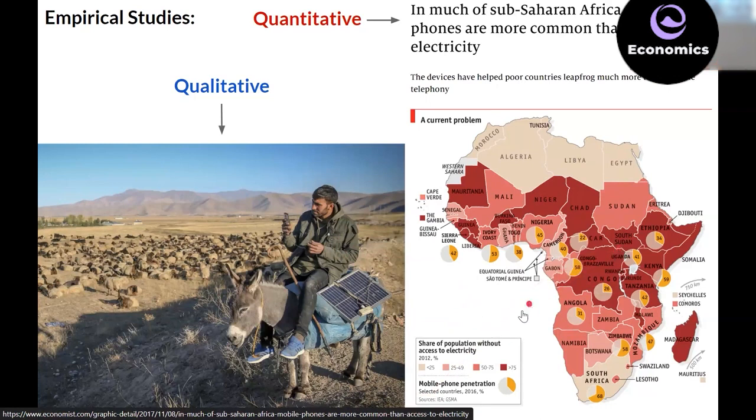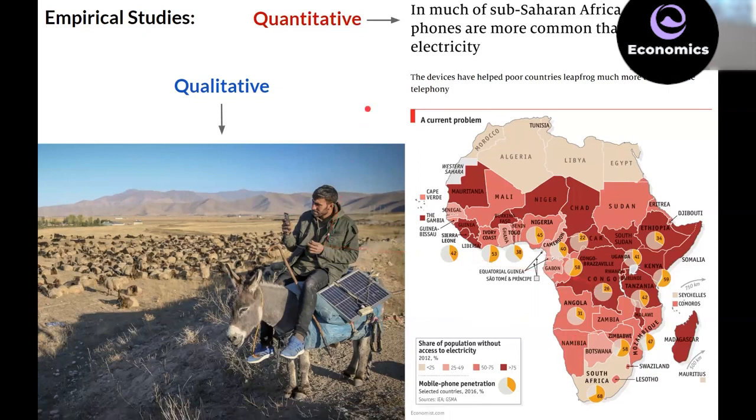On this map, I can map that. For example, in Niger, it's more than 75%. In Sudan, it's still 50 to 75%. Then if you compare, in the same country, the mobile phone penetration, Nigeria is at 45%. So for a lot of people, this phenomenon, where they have access to a mobile phone but not electricity to charge it, or at least not reliable electricity connected to home, is quite common in sub-Saharan African countries.